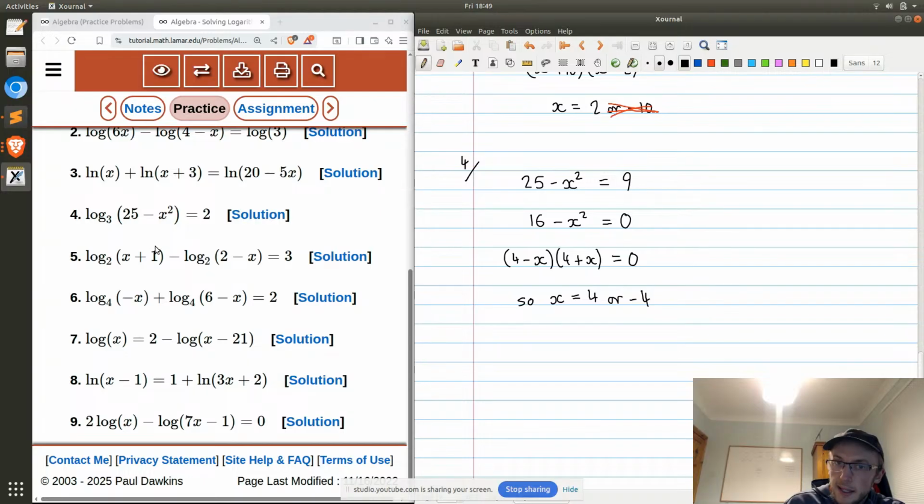But then we check based on the original equation. So 4 appears to work just fine. And so does negative 4. In fact, this one, you didn't actually really need to do any of that stuff. Because obviously 25 take x squared is 9. But anyway, that's fine. That should be fine.